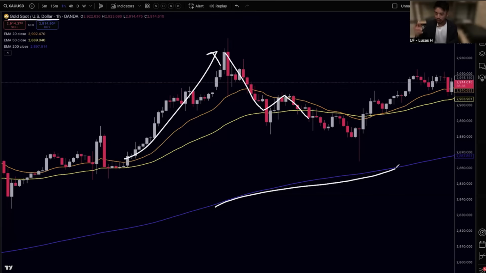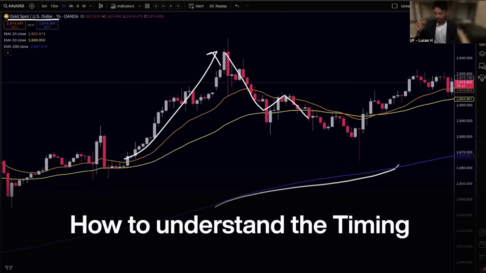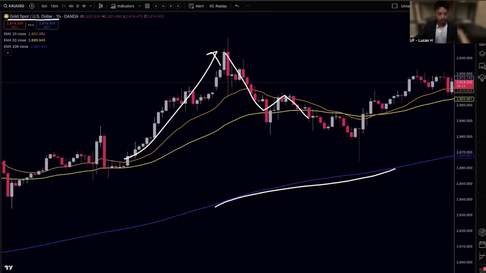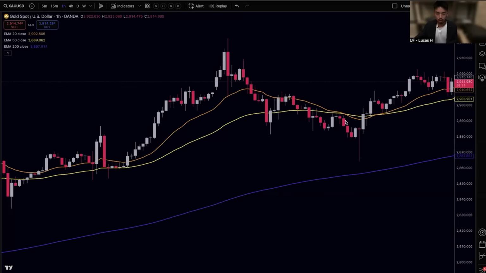Now, the bonus here that I'm gonna show you is how to understand the timing. If you really pay attention here, we know that when the MAs crossed over, it means there is a reversal happening, correct? So look at this spot here. A reversal has happened based on the MAs, but we know we're not supposed to sell. We know we're still looking for a buy. But look at where another reversal just happened again, right here.